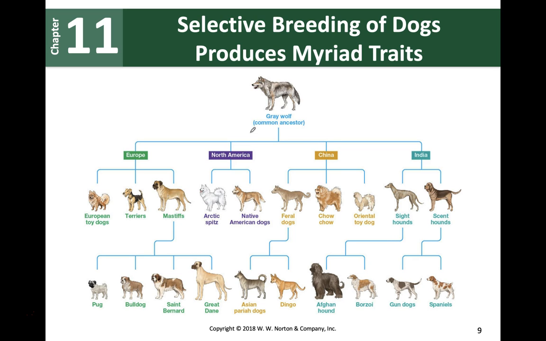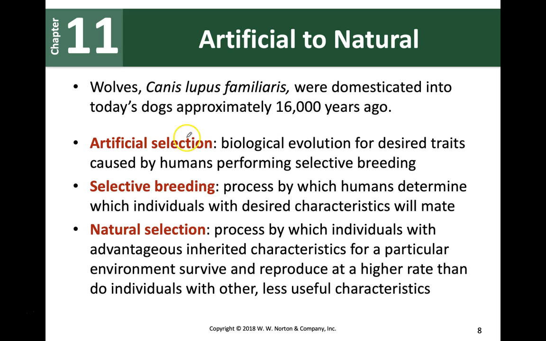For example, if you see this wolf, how we have domesticated, how we bred a different wolf, maybe with different dogs, and then how you have developed more domesticated versions of these dogs. So this is again evolution, but not by natural selection, but by us doing selective breeding, which is now causing artificial selection to happen.